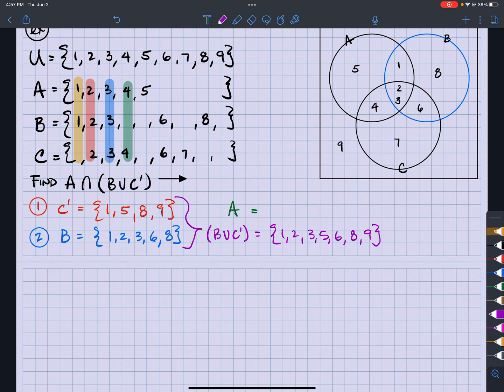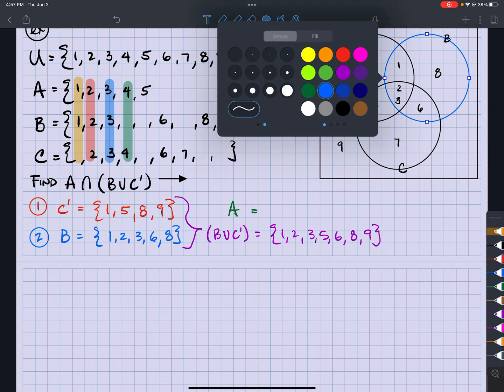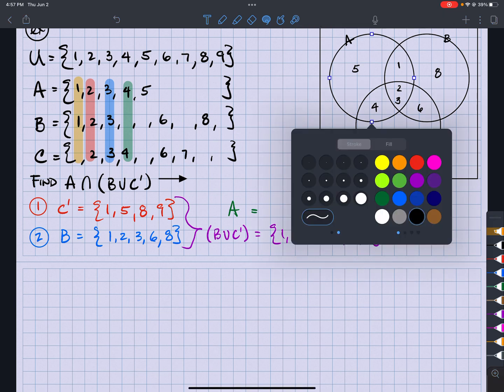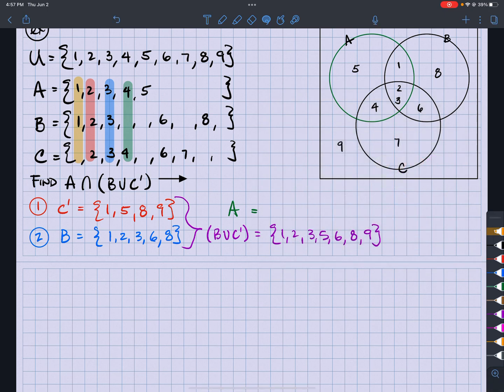And then the A, let me put this back to the right color. So this A right here, what is in A? A has 1, 2, 3, 4, and 5.